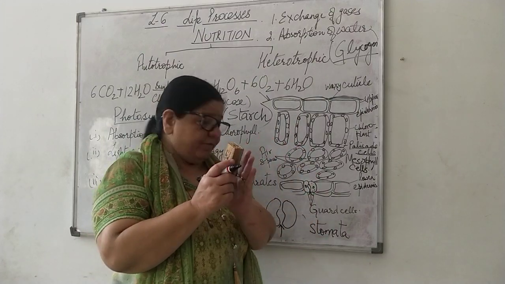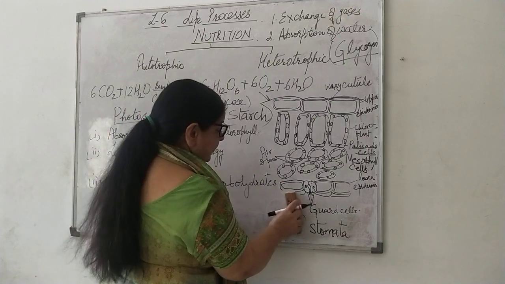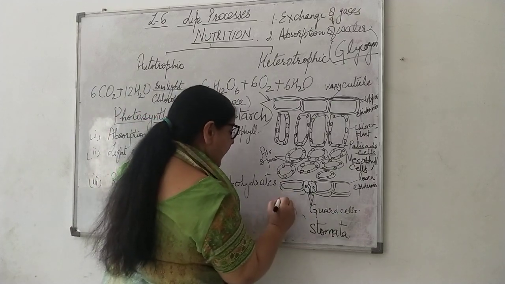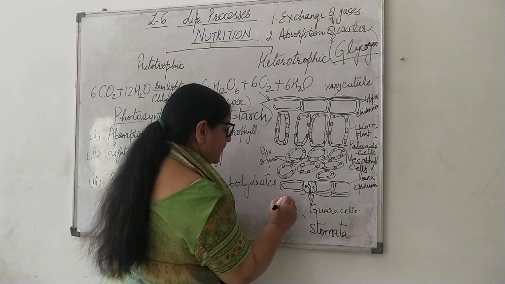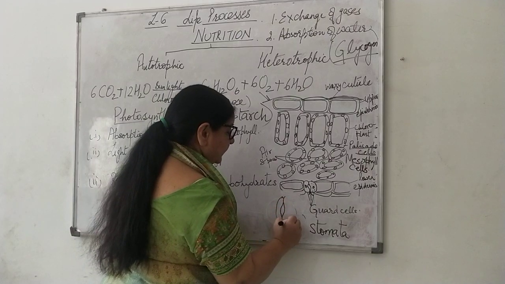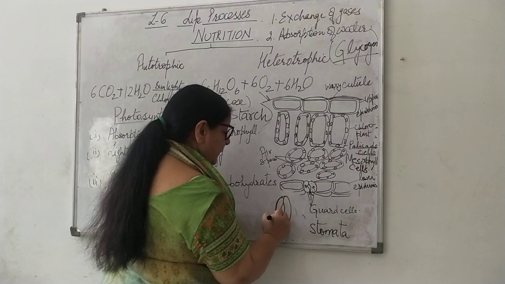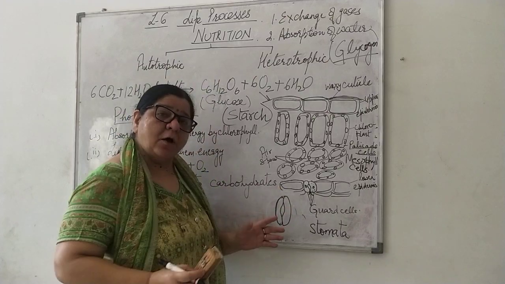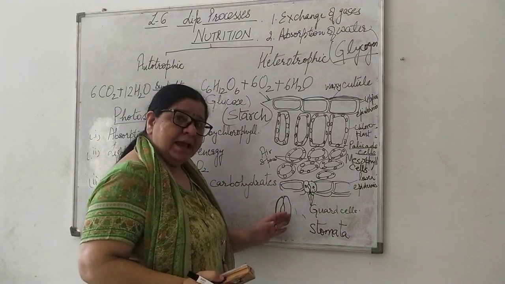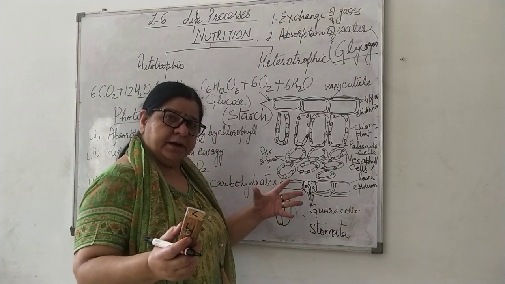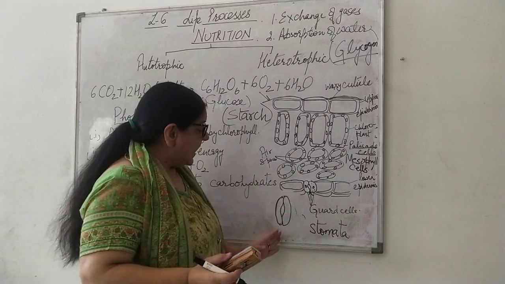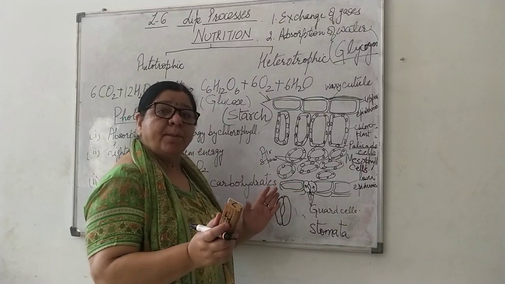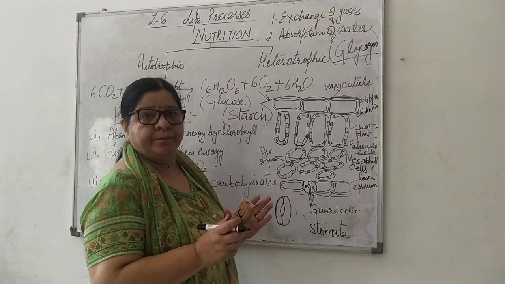Then the stomata will shrink, right? They will become flaccid and the pore will close like this. So this is how the stomata will function. As the water goes in, the pore will open. As the water goes out, the pore will close.